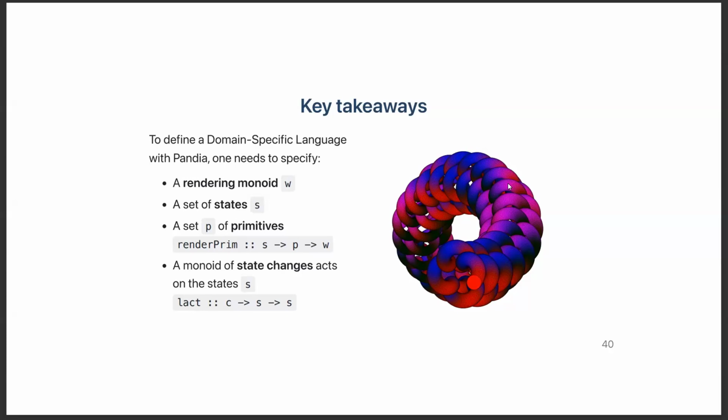And if you have that, you will be able to define any kind of syntactic sugar to create your own domain-specific language. Now, if you have any suggestions, any ideas, or any questions, I would be happy to answer them. And thank you very much for your attention.